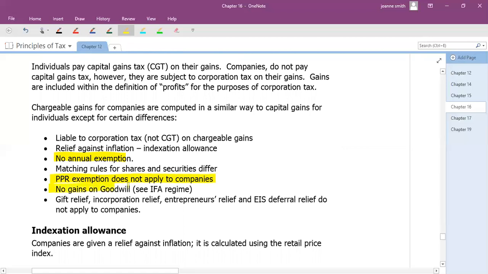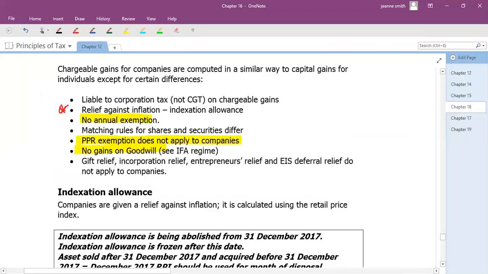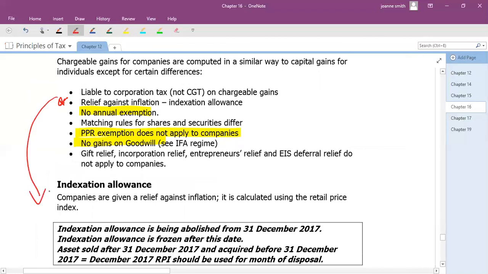And companies don't have any gains on goodwill. So individuals would pay tax on goodwill, but not companies. So the main thing really is this indexation allowance that I want you to look at, which is itemised here. And this is basically some relief against inflation.